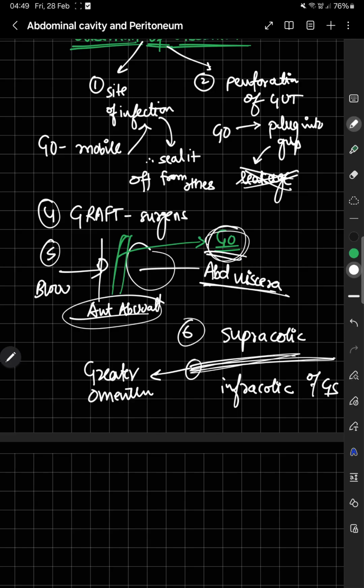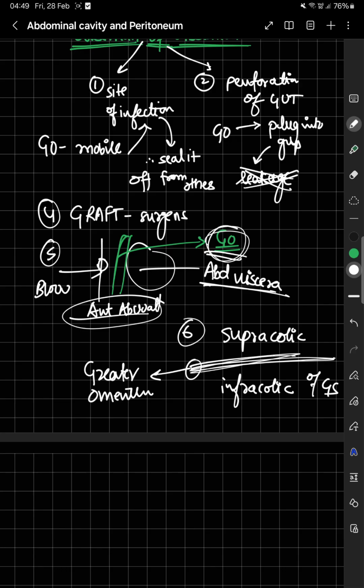So in functions, first we have the storehouse, which is the storehouse of fat. Second, it protects our peritoneal cavity because of the large number of macrophages present in the form of milky spots, which are dense patches of macrophages.